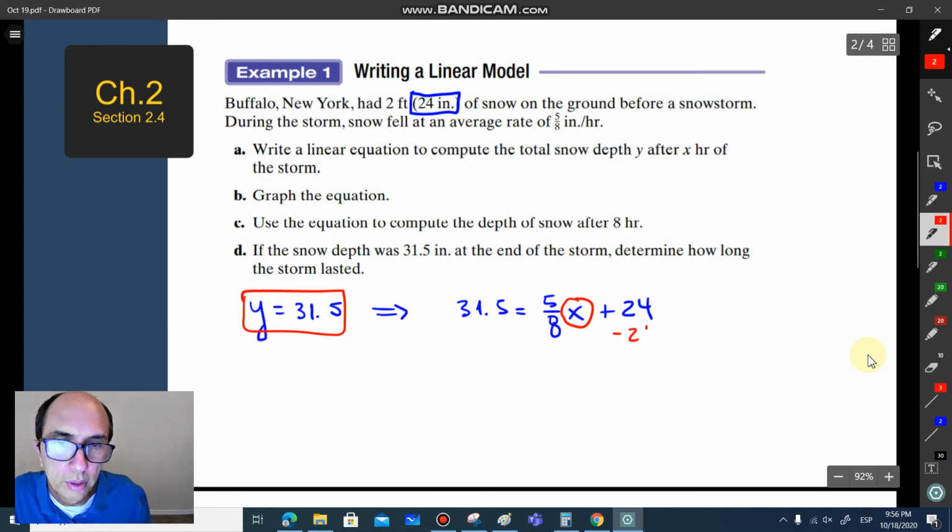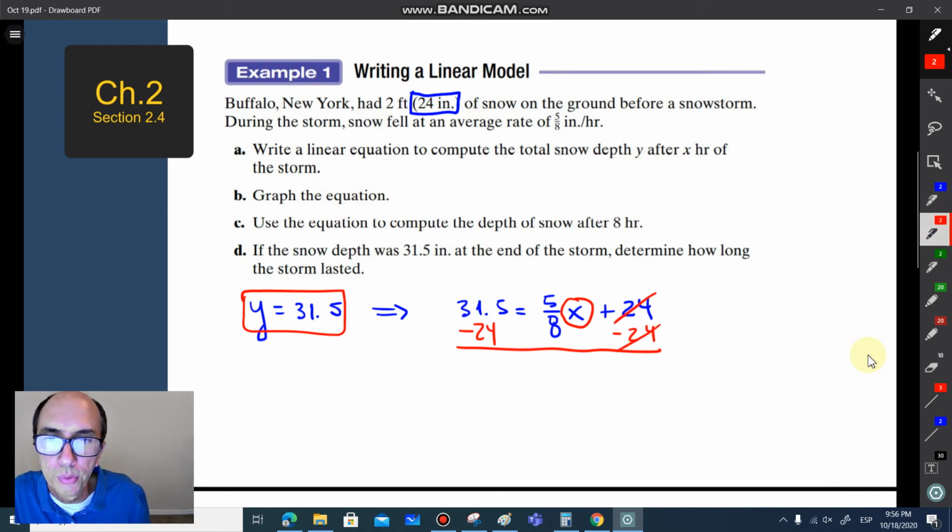So subtract 24 on both sides, then you get rid of this, and you have 31.5 minus 24. That's going to be 7.5 equals 5 over 8 x.